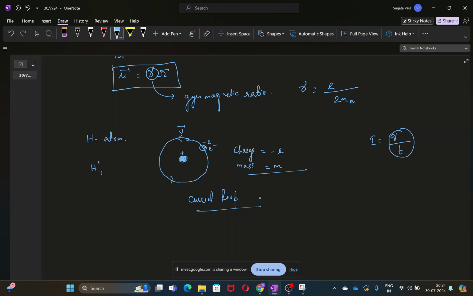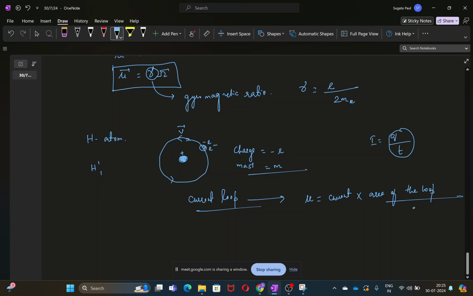As soon as I mention the word current loop, you immediately know that there must be a magnetic moment. So if mu is the magnetic moment, then its value will be the loop current, which is coming because of the electron's motion around the nucleus in this orbit, times the area of the loop.